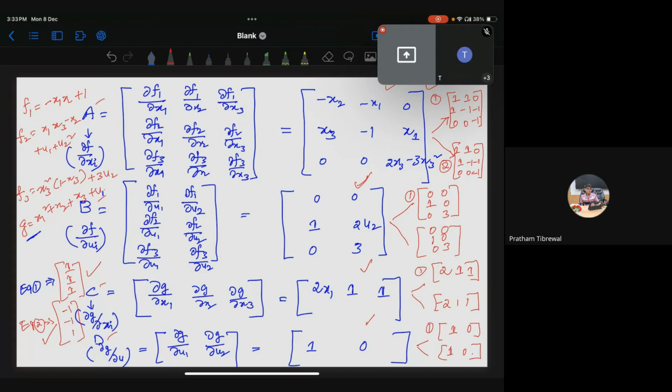No, sir. Yeah. I mean, any doubt here finding equilibrium point practically?